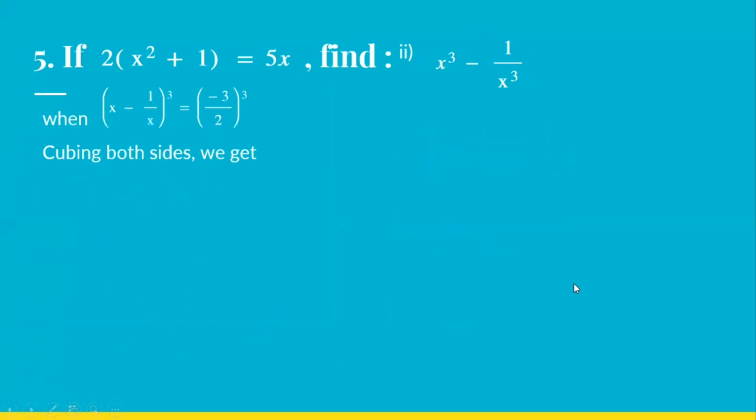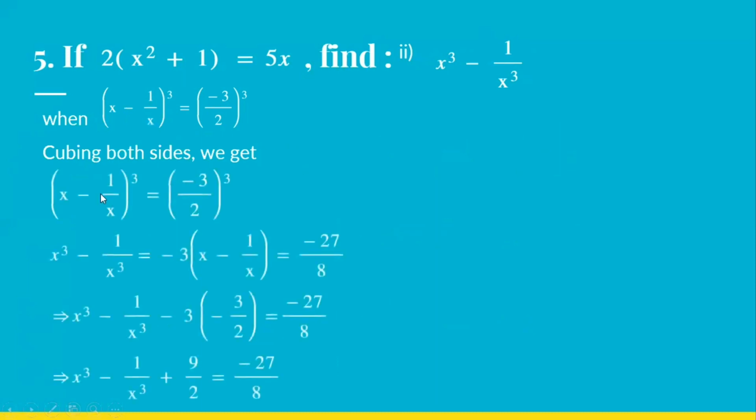Now, if you take the value of x − 1/x as minus 3/2 and then cube both sides, we are going to get (x − 1/x) the whole cube is (−3/2) the whole cube. Simplify it. So (x − 1/x) the whole cube is equal to minus 27/8. Now x³ − 1/x³ minus 3 into minus 3/2.